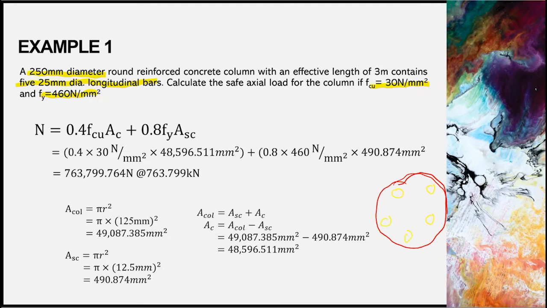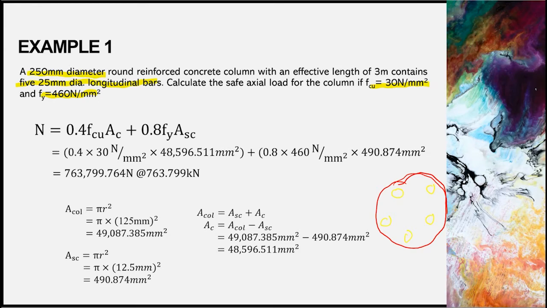Okay, first what we can do, we use the formula. So just put whatever is given based on this formula. Okay, 0.4 FCU, you already have 30. AC, you don't have, so you have to calculate. How are we going to calculate, because you know that AC is the net area of column, or we also call it the area of concrete.